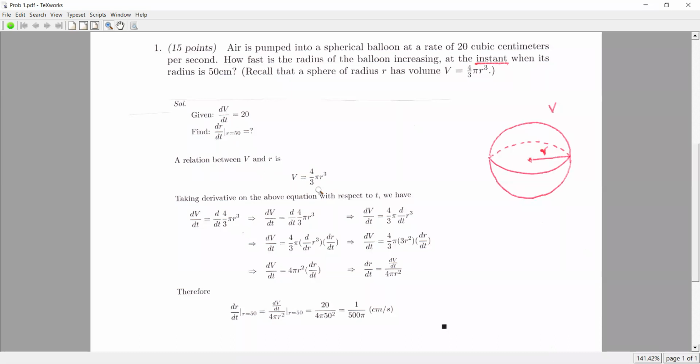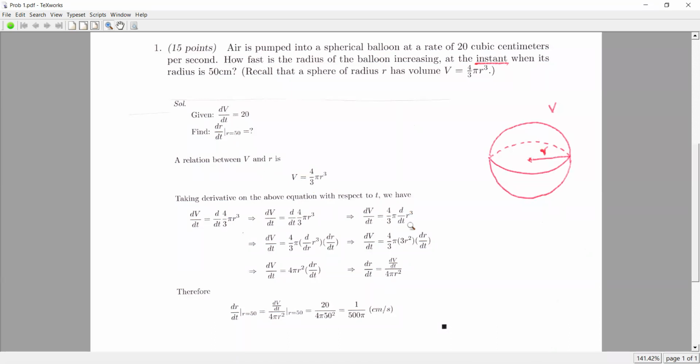Take the derivative with respect to the time t on this equation, then we have this equation. Move the constant 4/3 times pi outside this derivative, then we have this equation.